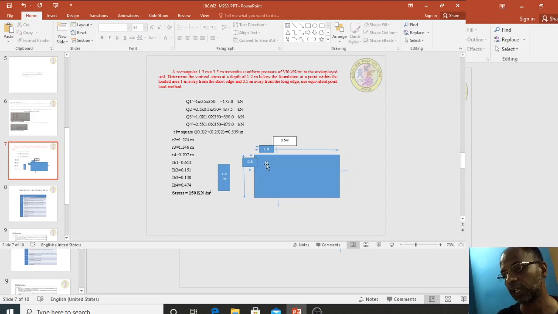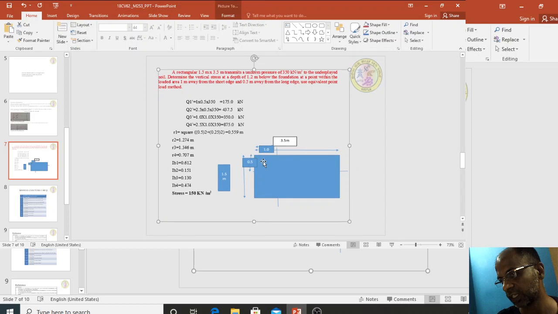Now you have to calculate the radial distance R. R is equal to AC. If I take the center of this point, AC square is equal to AB square plus BC square. So 1 divided by 2 is 0.5, squared, plus 0.5 divided by 2 is 0.25, squared; the root of that value is 0.559.